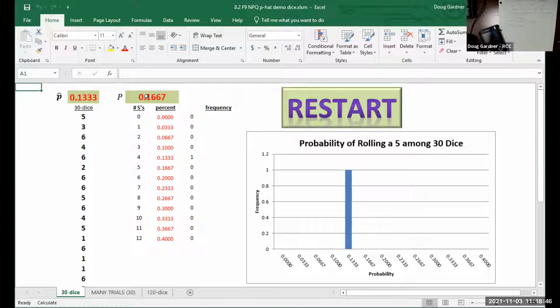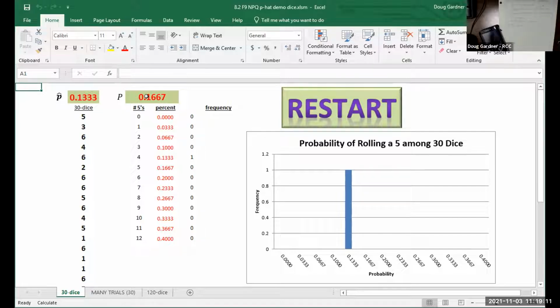However, is that what would happen? Let's see, 1 out of 6. If you rolled 30 dice, 1 out of 6 of them would be a 5. So that'd be 5 5s. You'd expect to get 5 5s. But is that what's going to happen when you roll those dice?